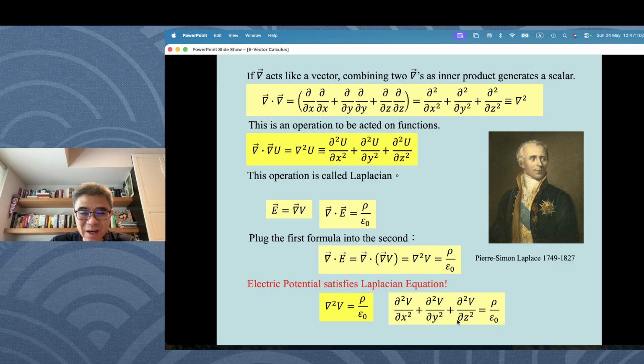Of course, I forgot to mention it is a partial differential equation, because the equation involves the partial differentiation of a function we want to solve with respect to x, y, and z. There's no time dependence because it's just static, but it's still a partial differential equation, just like the wave equation we are going to write down very soon.